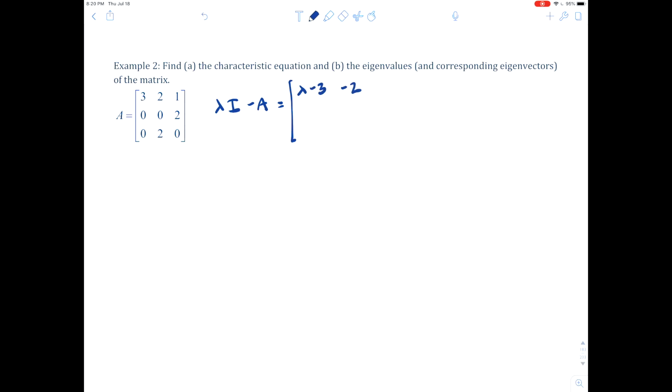And then all these other signs will flip here in that row. And then we'll have a 0. And then lambda times 1 minus 0 is just lambda. And then the sign will flip here. And we'll have 0, -2, and then again lambda. Good so far?